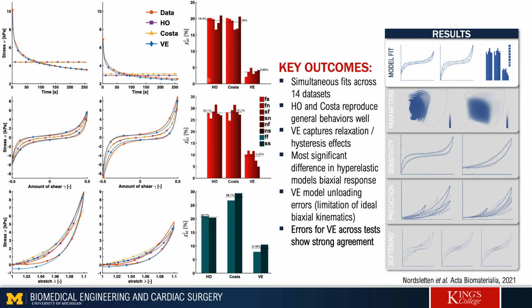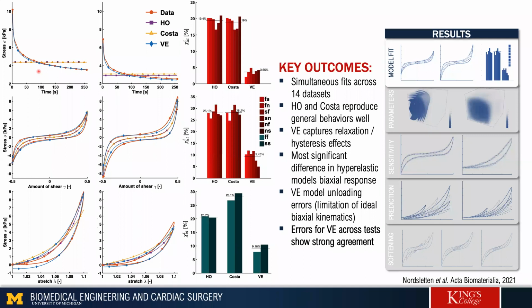These bar charts are showing you across tests what the errors looked like. We have 6 bars for each of these because we had 6 different relaxation tests, 6 different cyclic shear tests, and 2 biaxial tests. And you can see what the errors for these different models were like: the Holzapfel, the Costa, and the viscoelastic models.